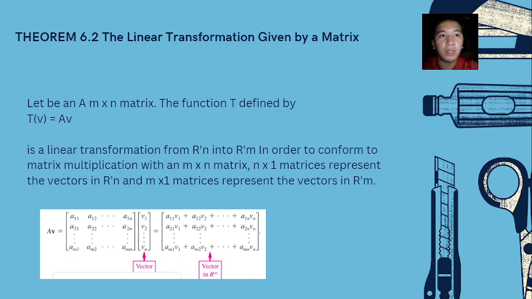The function T defined by T of B equals to AB is a linear transformation from R raised to N into R raised to M. In order to conform to matrix multiplication with an M times N matrix, N times 1 matrices represents the vectors in R raised to N, and M times 1 matrices represents the vectors in R raised to M. Be sure you see that an M times N matrix A defines the linear transformation from R raised to N into R raised to M.